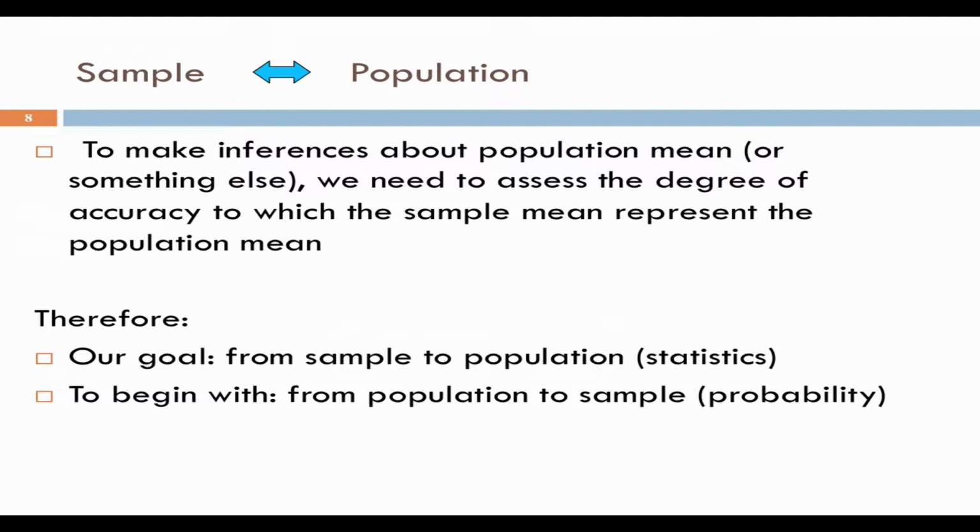So our goal is really to go from sample to population, and that is called statistics. And your tool to start with is really probability. If you understand that, the probability decides the accuracy of your sample.